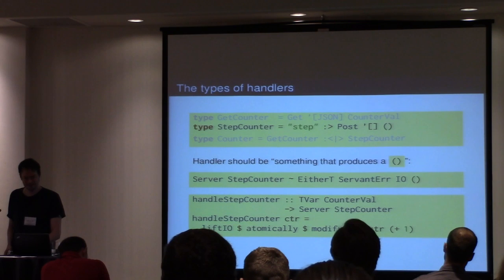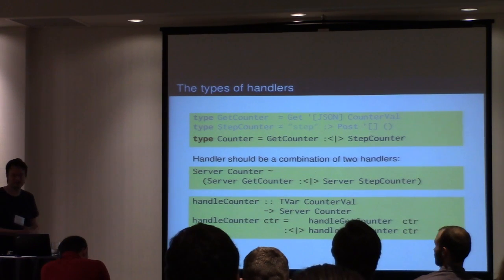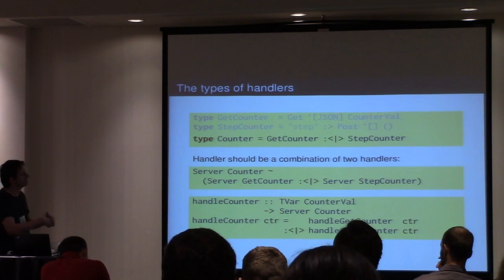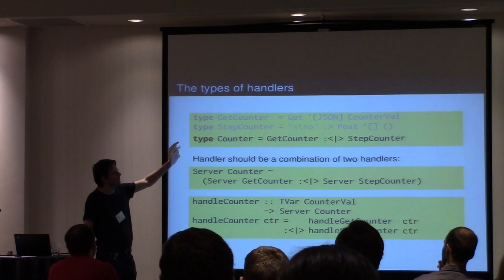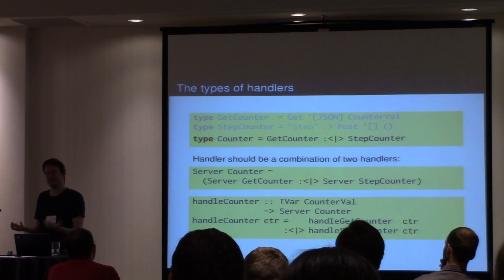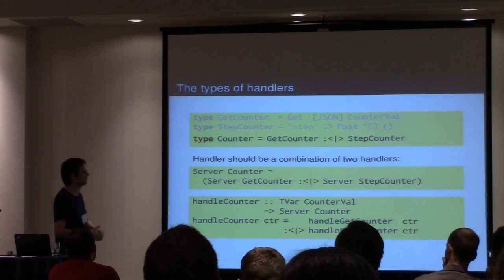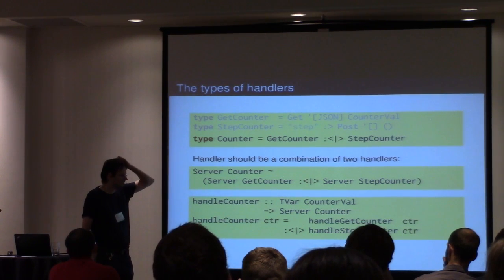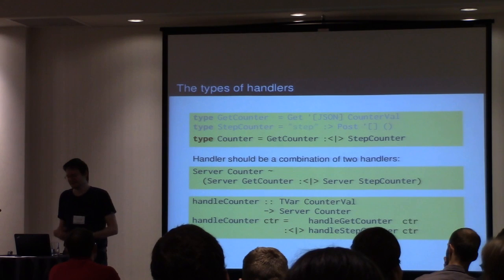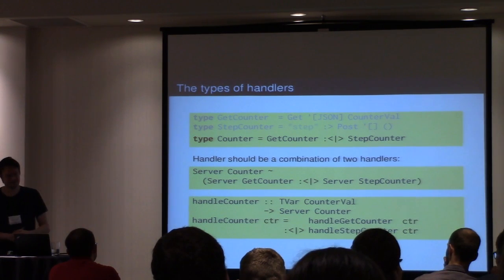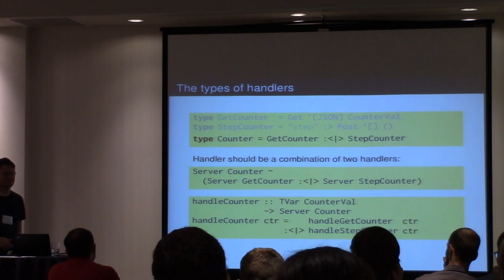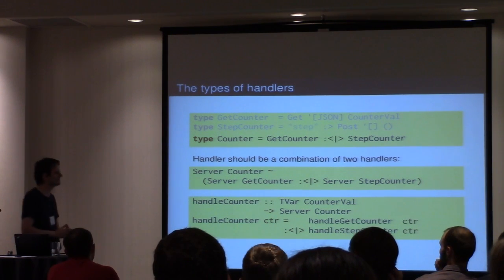And then finally, if we want to put two things together, well, the handler for such a specification should just be a combination of two handlers for the individual parts. And that's indeed what Servant does. Servant follows the questionable Haskell tradition of using the same kind of similar-looking notation for all sorts of related concepts.